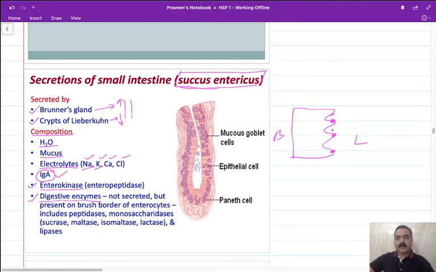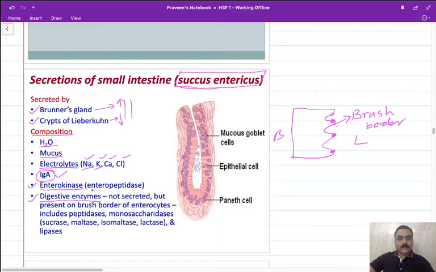This is what we call the brush border. These are located on the membrane of the brush border, not secreted.